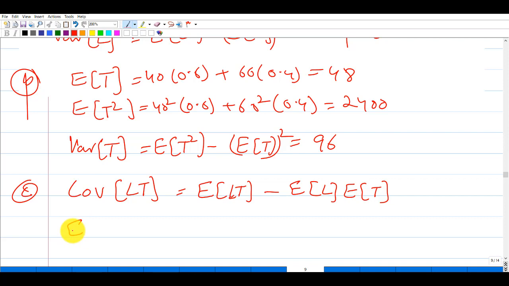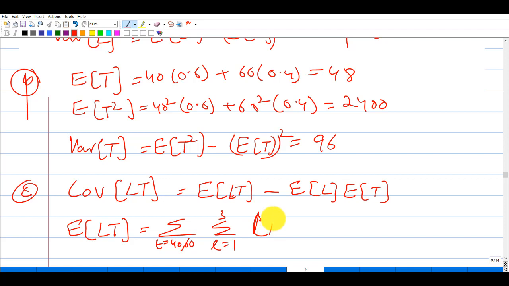So we need to find out this correlation first. That would be simply the summation for T equal to 40, 60, and L equal to 1 to 3 of L T times their joint PMF.